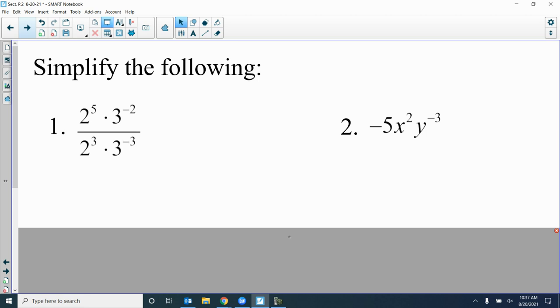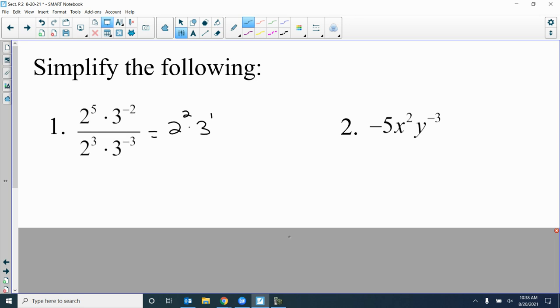So this would be no different than x to the fifth over x to the third. You subtract exponents. You're going to make this 2 to the second power because you're going to do 5 minus 3, times 3 to the power. You're going to take negative 2 minus negative 3, which gives us 1.